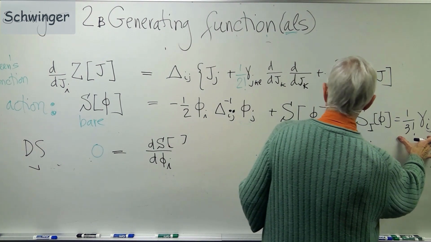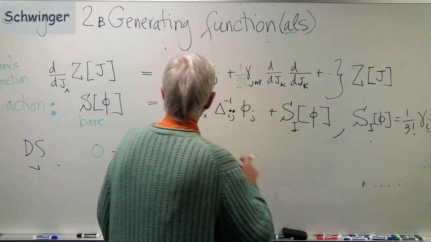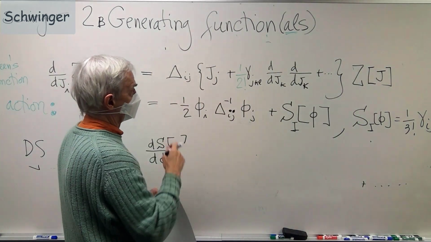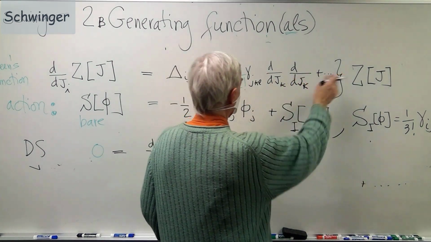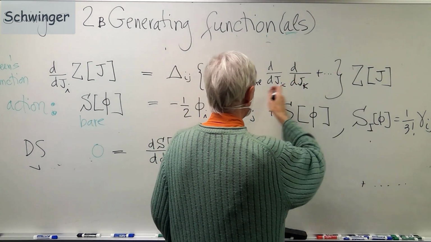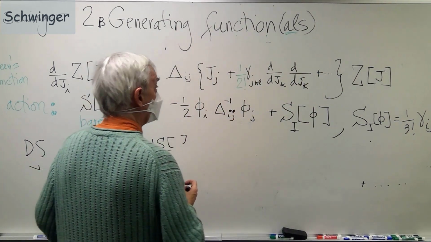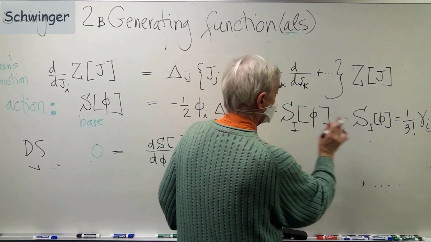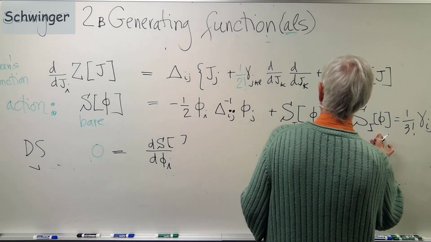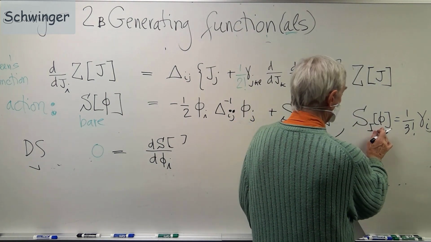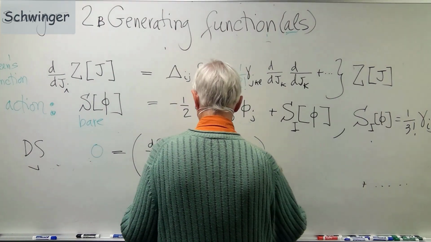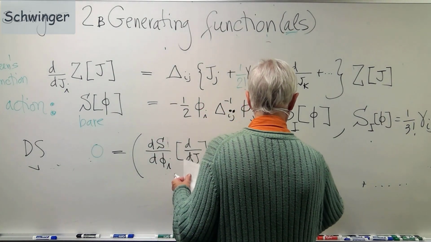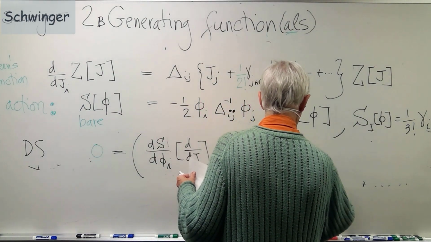But with the field, this variable phi has no significance, it's just a variable to help us manipulate functionals. Replacing this phi by the derivative with respect to j, now the Dyson-Schwinger equation takes a really nice compact form.